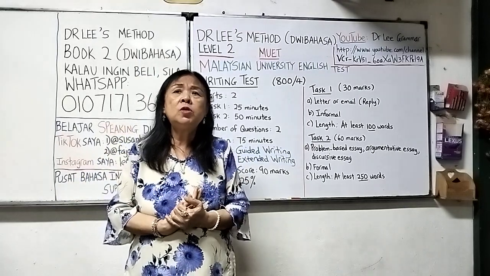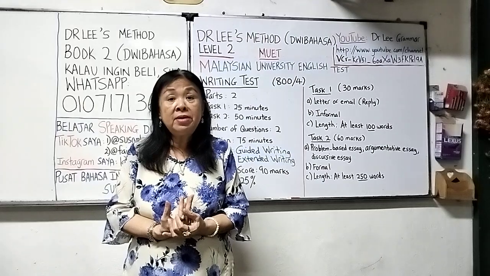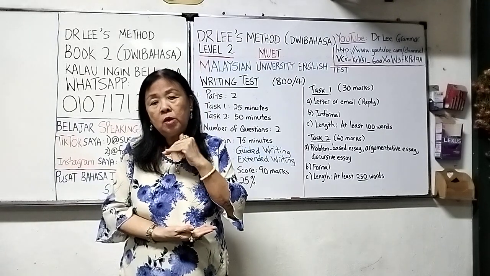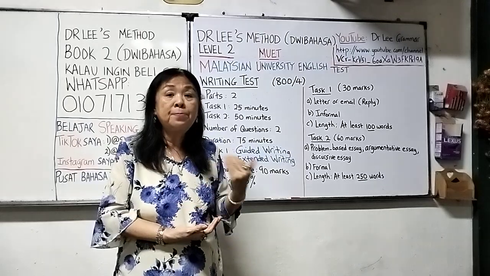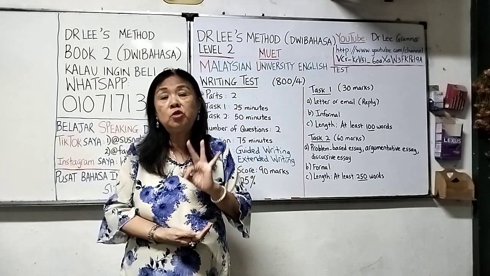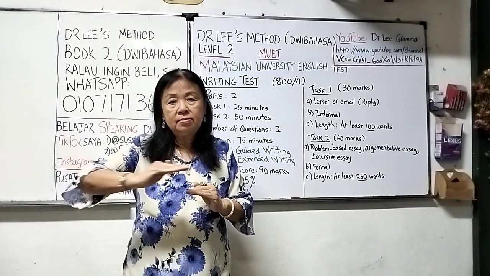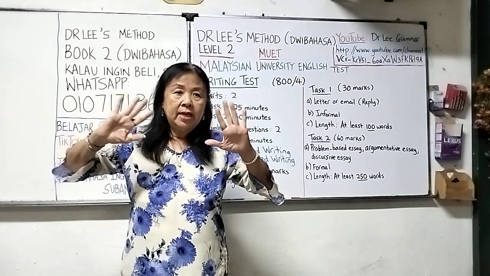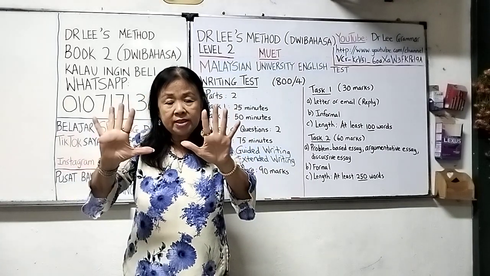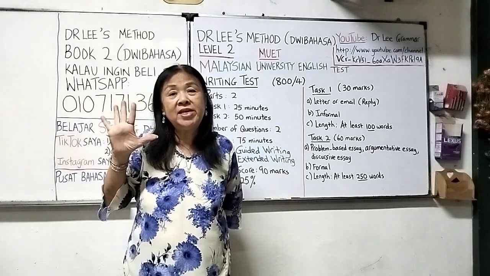Okay? Now, for university, I would say generally, whether you are going to a local university or a private university, generally they need at least a Band 3. Band 3 means average. I will put it this way. Average means to say, I give you 10 words, you know 5 words. That is Band 3.